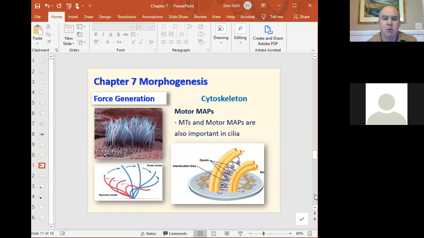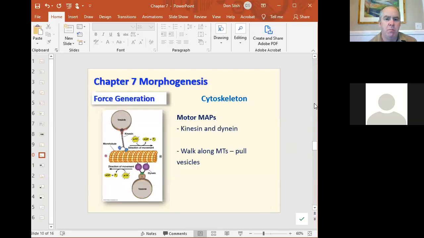So remember in the last chapter we talked about the mouse embryo, the little cup and the cilia beating fluid in one direction, making a concentration gradient of nodal. So here are our cilia, and the dynein are affecting that. So that's one thing, our motor MAPs and our microtubules. They'll be involved in movements in the cell.